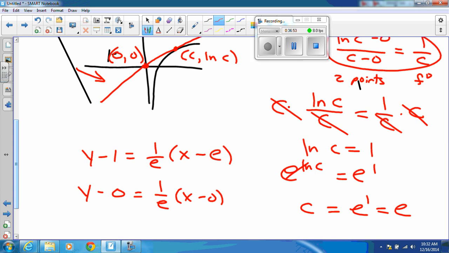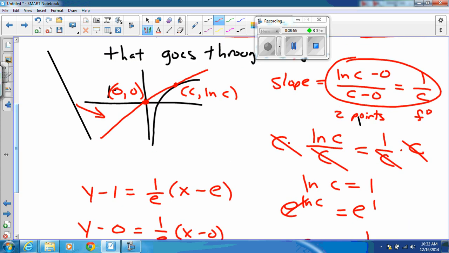Question? So why does the ln c over c should be on the slope? Why is the slope this? Because the line goes through 2 points. One of those points is 0, 0, and one of those points is c comma ln c. So isn't it ln c over c?